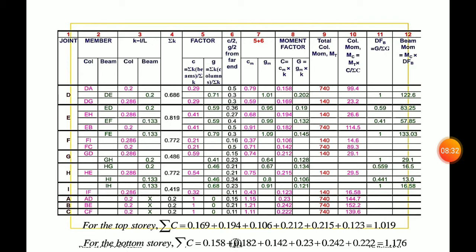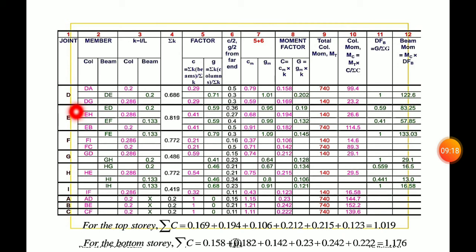The first step is to find the stiffness. Stiffness for a column is 4EI by L, but EI is constant, so we take only the factor K equals I by L. For column DA, L is 5 meters, so I by L is 1 by 5, which is 0.2.